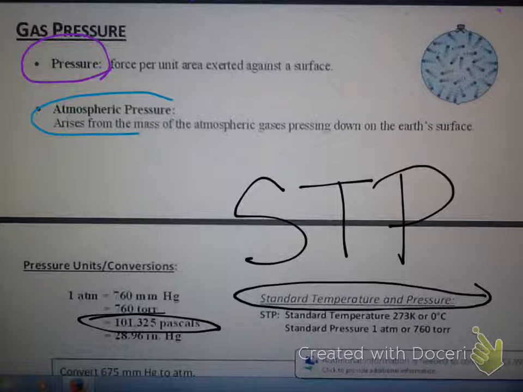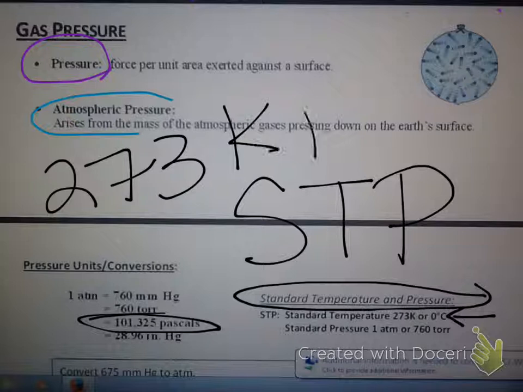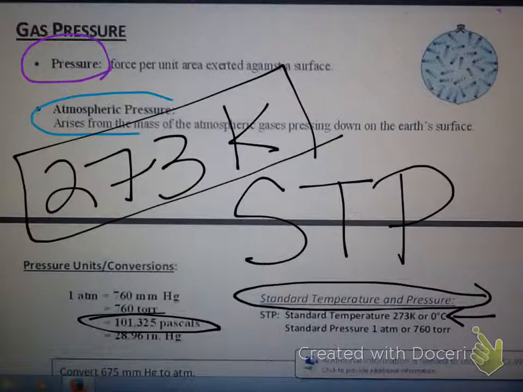So what is the standard temperature and what's the standard pressure? The standard temperature of a gas is 273 Kelvin, or 0 degrees Celsius.